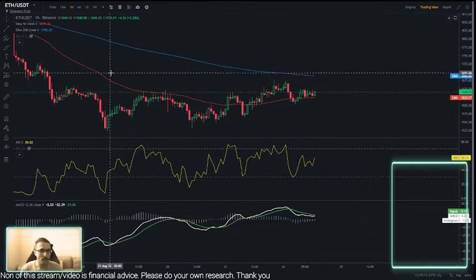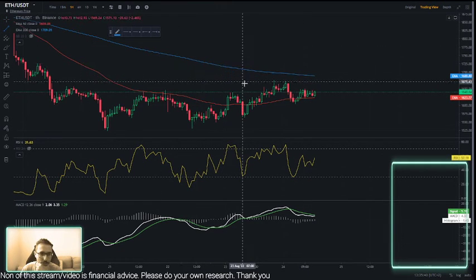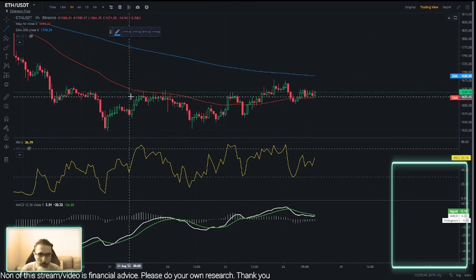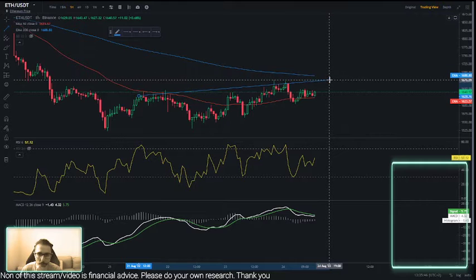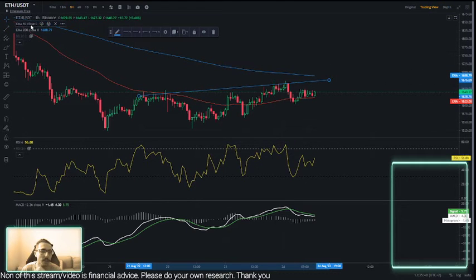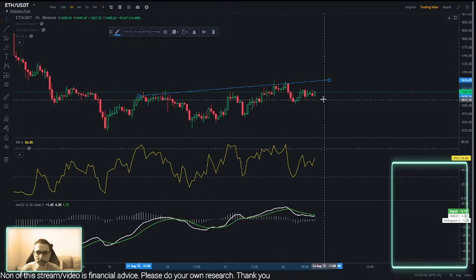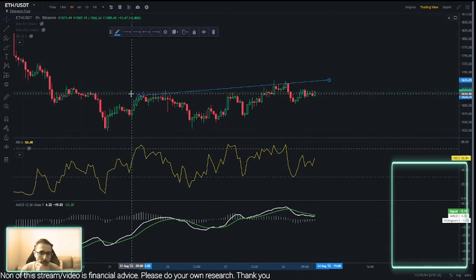So let's focus just on the last hours and see if we can find something here. We have some tops here. Let's hide the exponential moving averages just for now so we can see clearly where we're heading.